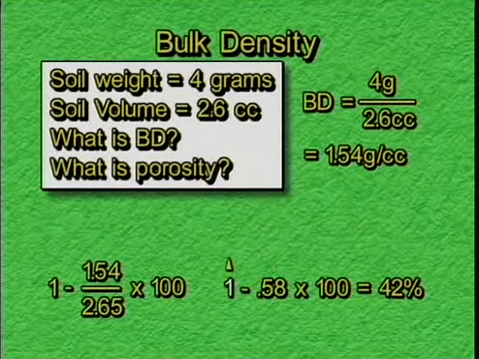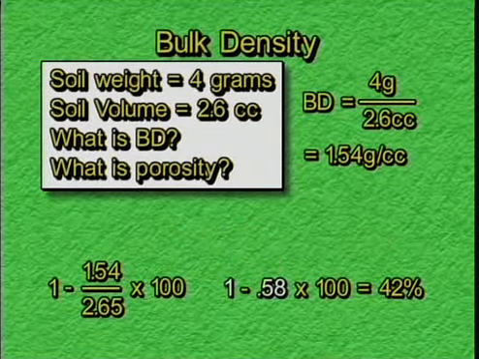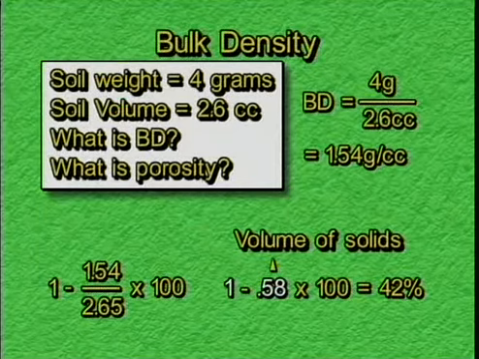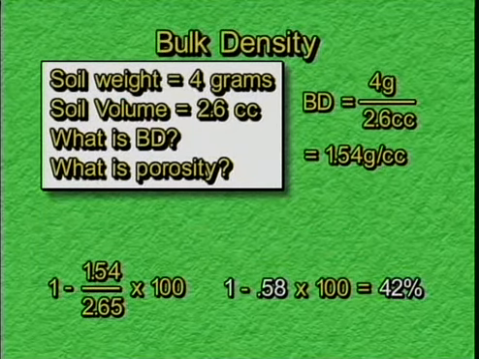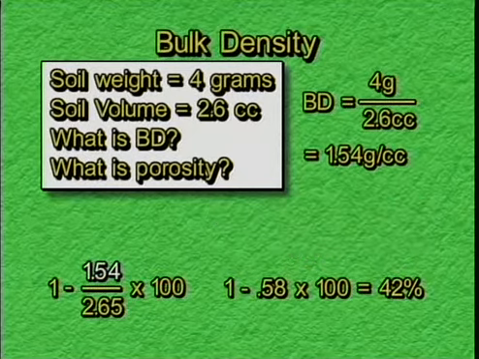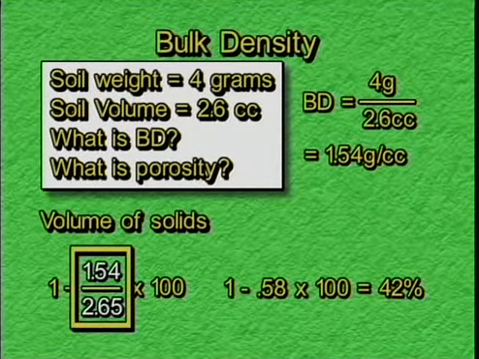Because 1 representing 100% of soil volume minus 0.58 representing the decimal form of the percent of this soil occupied by solids will give us the 42%, which is the percent of this soil's volume occupied by pore space. So the ratio of bulk density to particle density is really expressing the volume of solids in this particular soil.